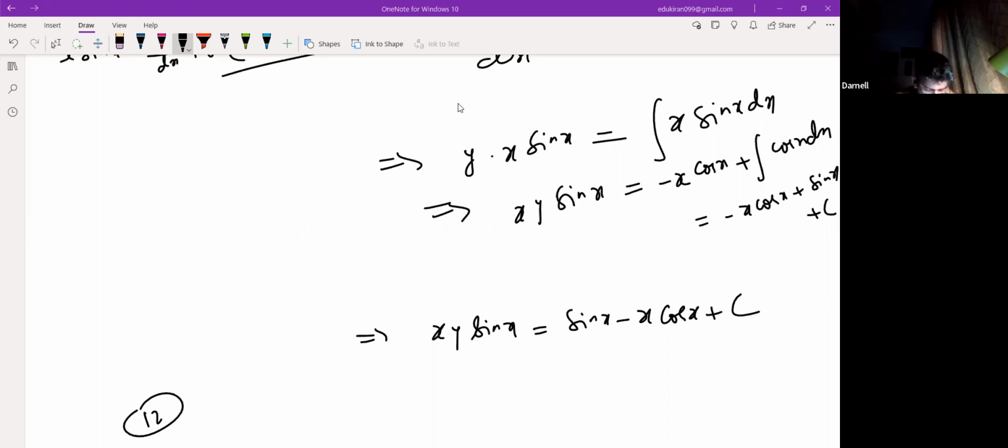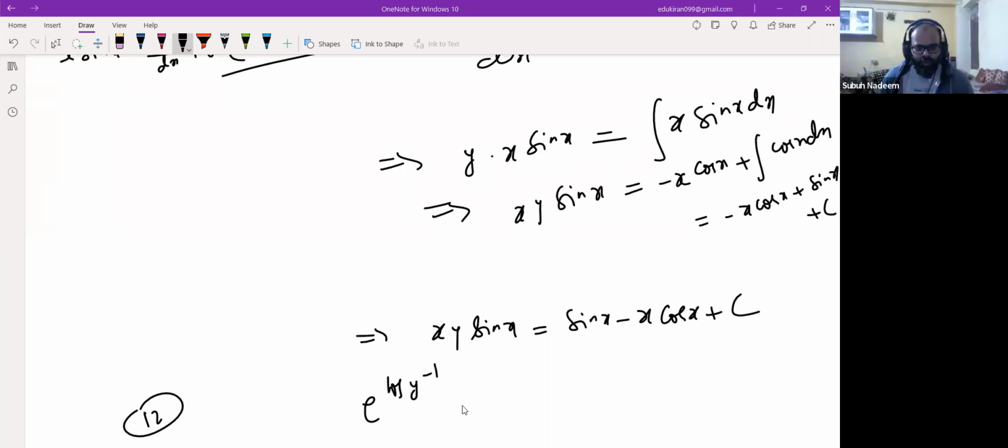So how do you simplify e raised to log y inverse? This one, log y inverse like this. Yes, sir. So e and log will cancel. It will be y inverse, that is 1 by y. Okay, sir.